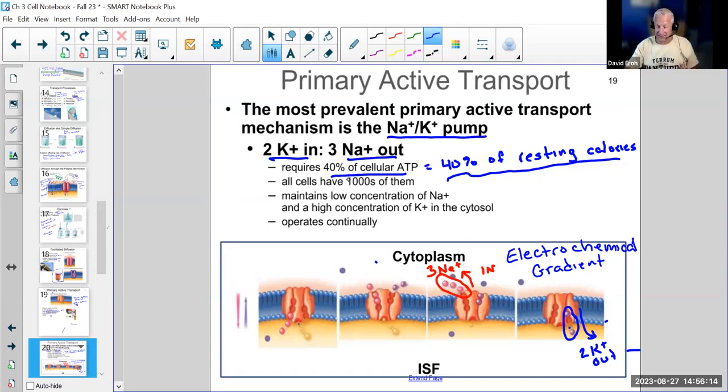But unfortunately, the second you run out of ATP, these will shut down, which is what happens when your foot falls asleep. You cut off blood to your foot because you were sitting in a funny way, and you've deprived those body parts of oxygenated blood. And one of the first things to shut down are the sodium potassium pumps in your nerves. They shut down, your nerves stop functioning, and your foot goes numb.